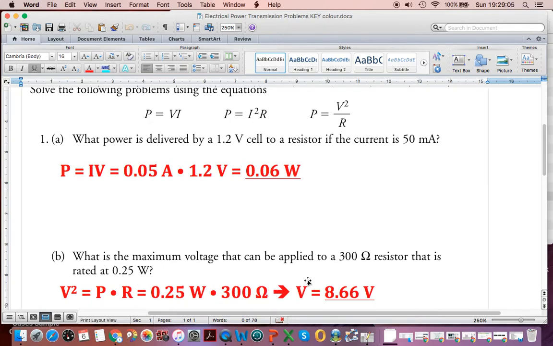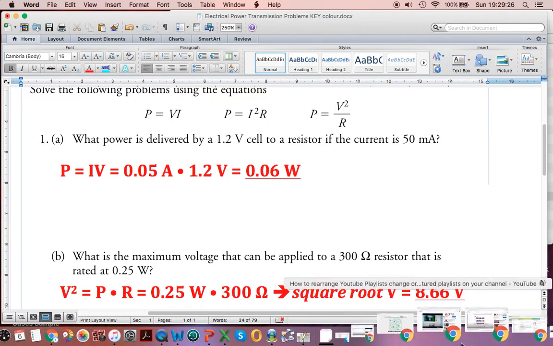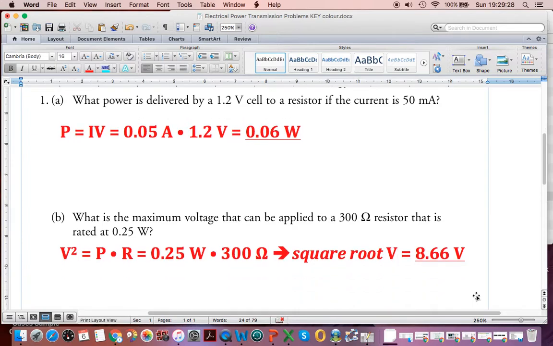And now to get V, we've got to take the square root. So I should just add in square root. So V squared is equaling 300 times 0.25, which is 75. Then we're going to take the square root, and that's the 8.66 volts.